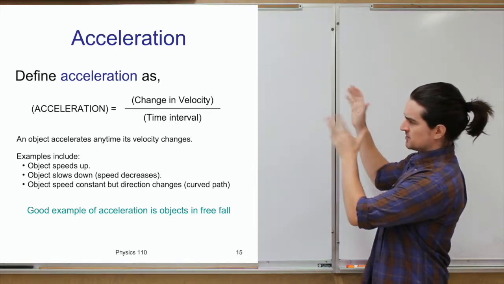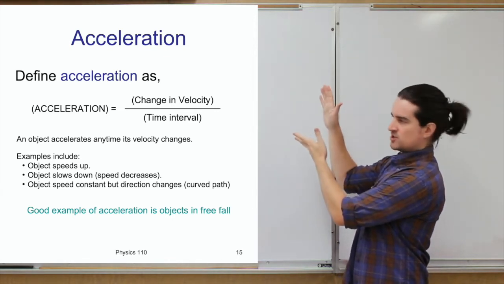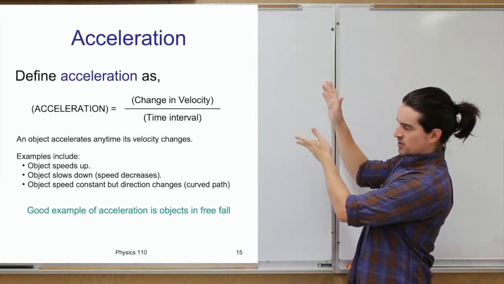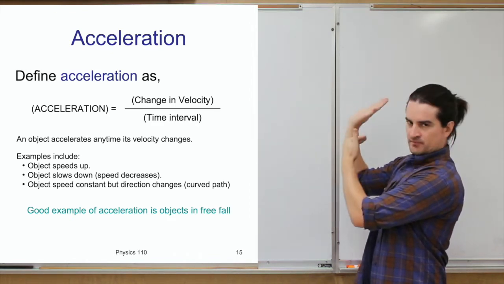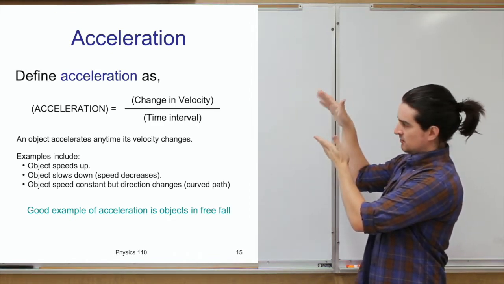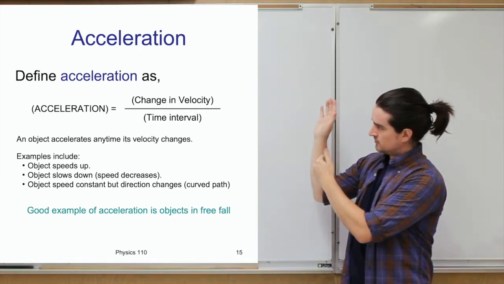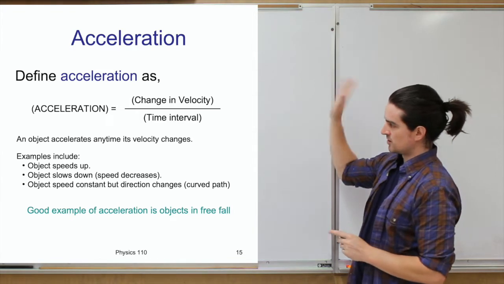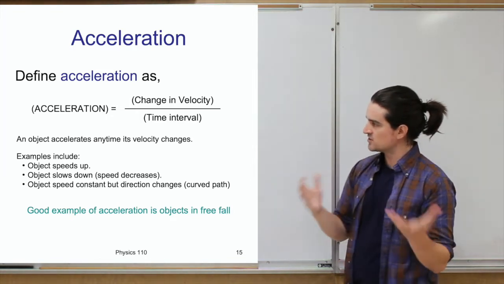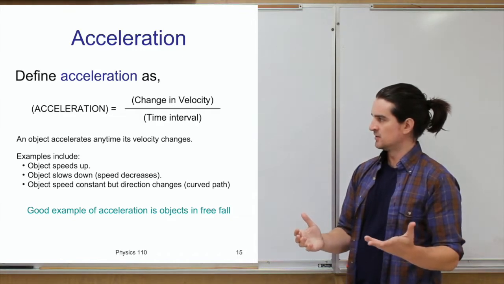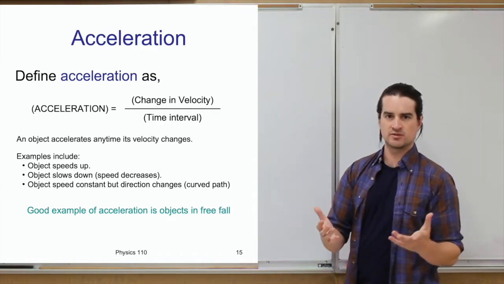We also have to keep in mind that if the direction of that velocity changed, then that's a way to change the velocity. So it's not just a changing speed, but also could be changing direction. So anytime an object's velocity changes, it's accelerating in some way.